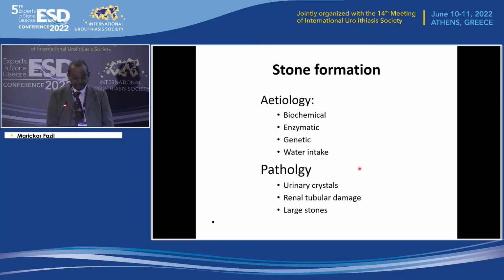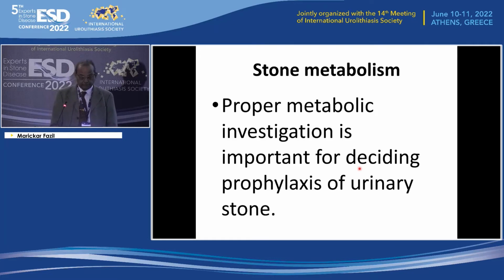So there may be various factors involved. The pathology may be different, but ultimately one thing that we have recognized so far is that crystals are the sheet anchor of the formation of the stones, and they ultimately become big stones.